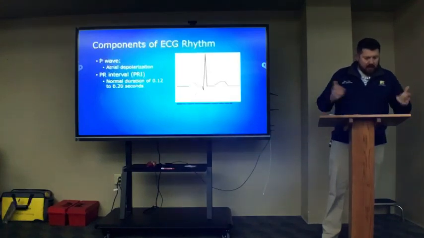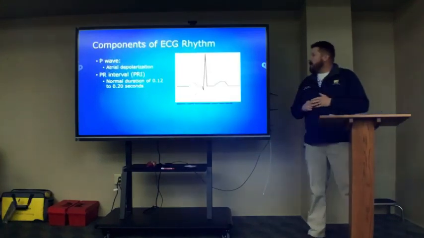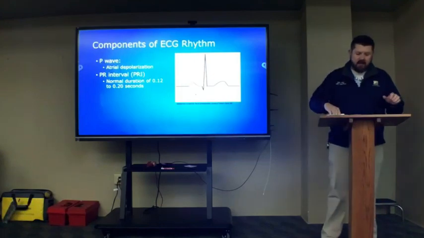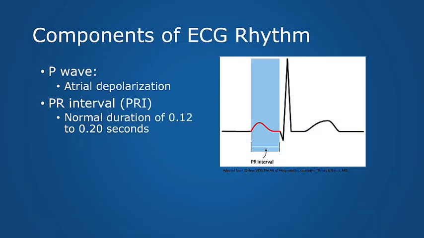When I'm looking at my PRI, what am I measuring? The time: 0.12 to 0.20. Anything greater than 0.20, if we've got a constant PRI, is going to be considered first degree AV block.